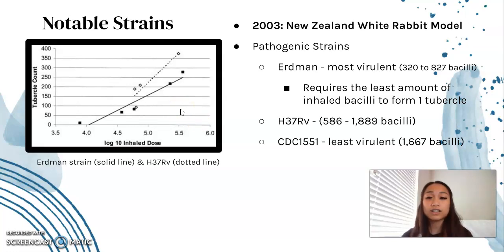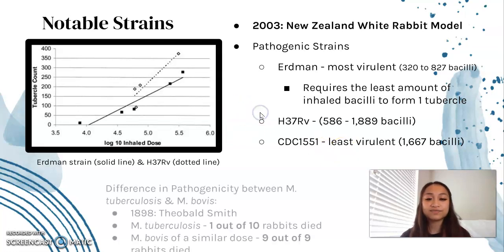So a little bit more, so a little bit less virulent, but it's going to be shown in this dotted line here. And then CDC 1551 is the least virulent with 1667 bacilli needed in order to form just one tubercle. So we see the difference in virulence, and it's really, really interesting.